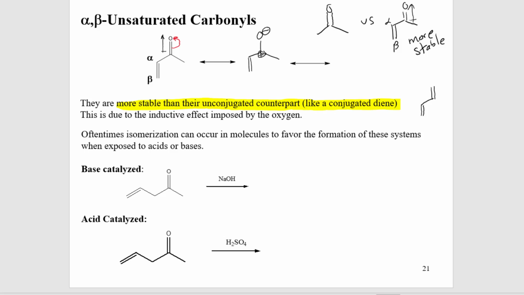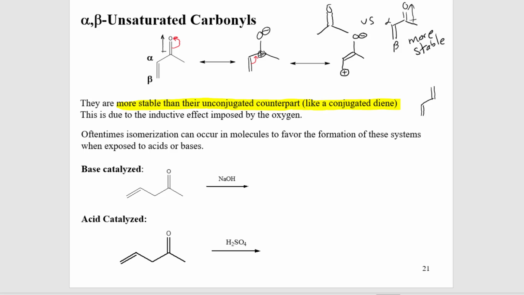Another resonance structure, again, moving in the direction of the dipole. Try to draw it a little bit better here. This places the negative charge on the oxygen, but the positive charge at the carbon down below.